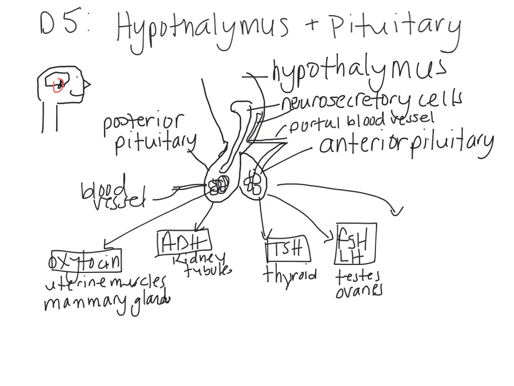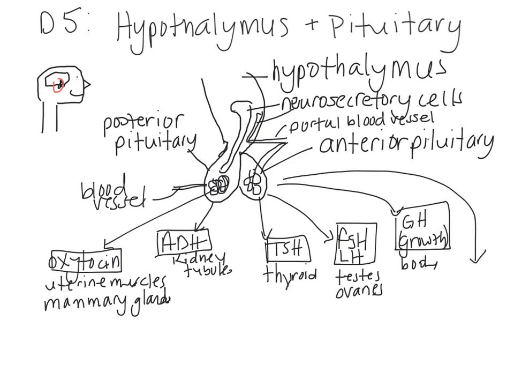We have GH or growth hormone, so this is for growth and it acts on the entire body. It has no particular target cells. So that's growth hormone. And then the final one that you should probably know is called prolactin. That's an A, prolactin. Prolactin acts on the mammary glands, and we'll cover that in a later video.